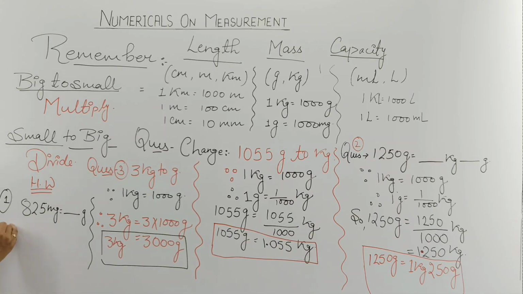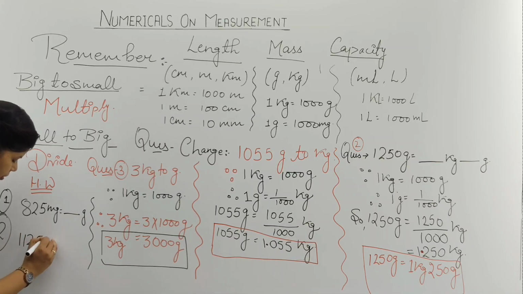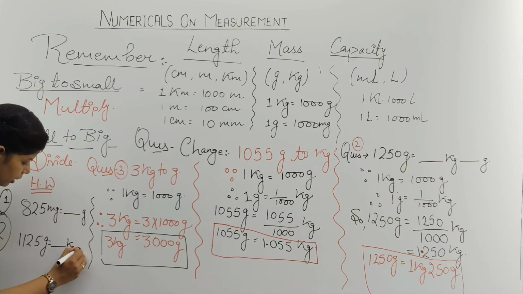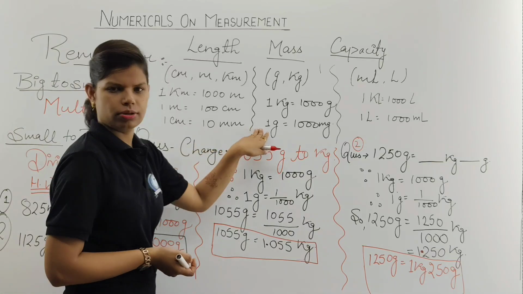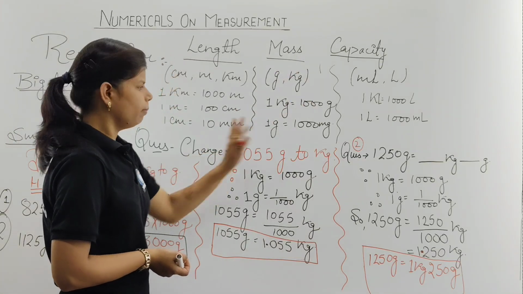Next two questions I am giving you for this kilogram and gram topic. 1.25 gram will be equal to dash kg and dash gram. Will it be okay for you to go with? We are dealing with the second part of this, that will be your kg and gram. Now we have already discussed the problem based on this one, measurement of mass.